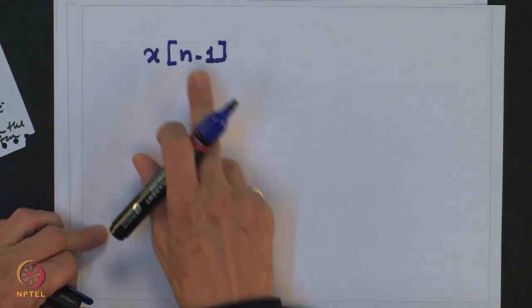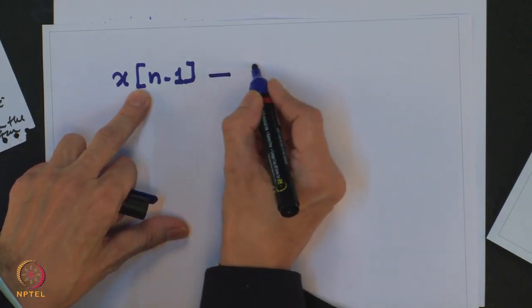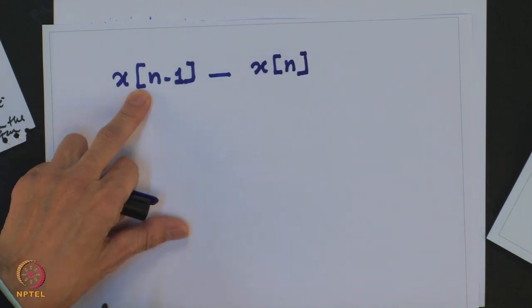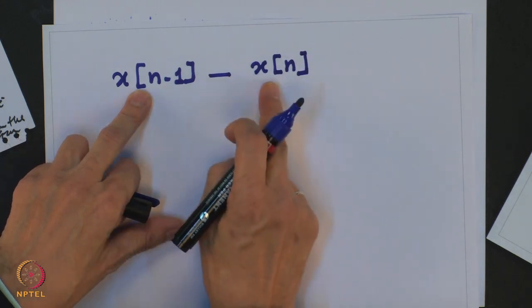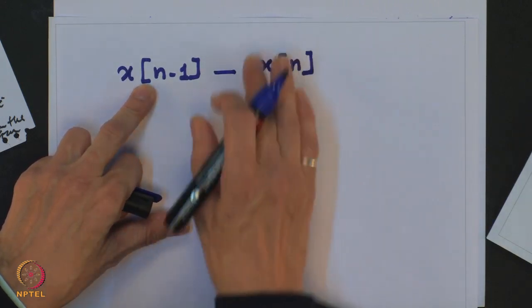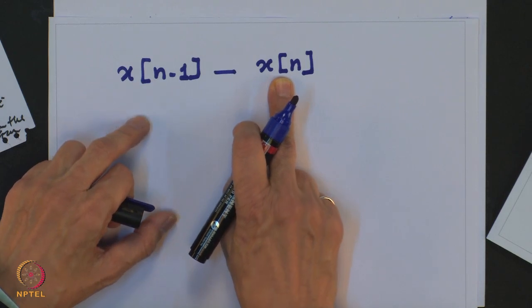Now, unless this xn minus 1 is very close to xn, some past values of the reconstructed sequence can often provide a better prediction of this xn.